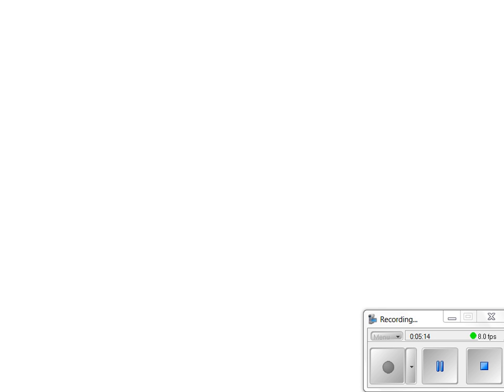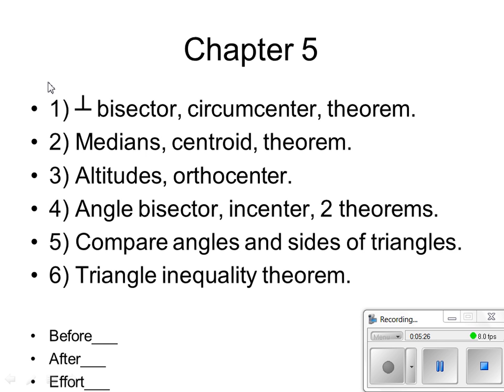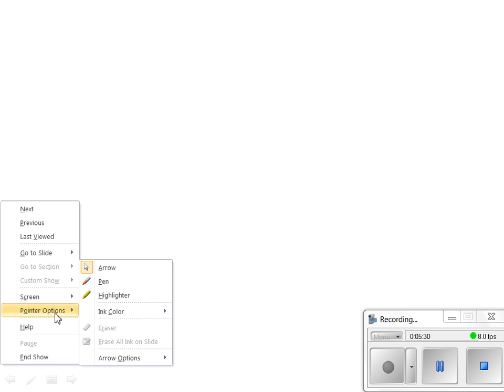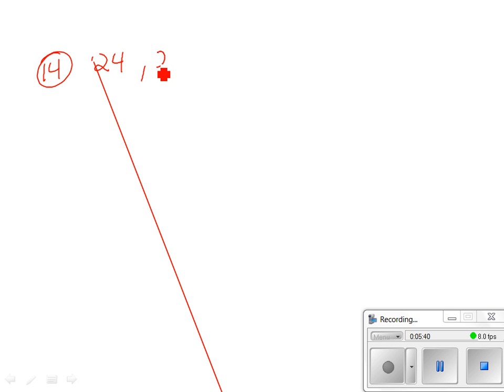Which one? 14? If the lengths of two sides of a triangle are 24 inches and 29 inches, then the third side must have a length between what two measures? So they say one side's 24, one side's 29.